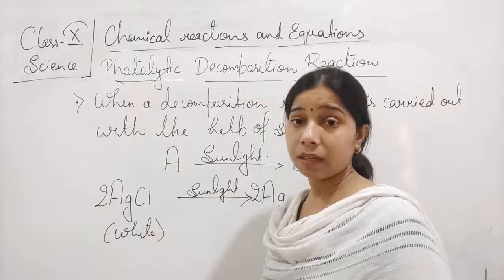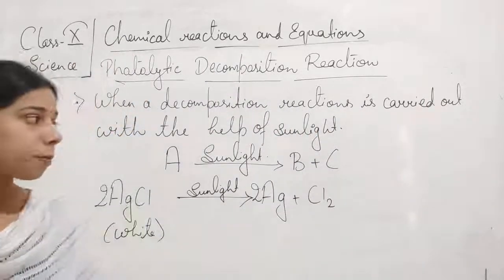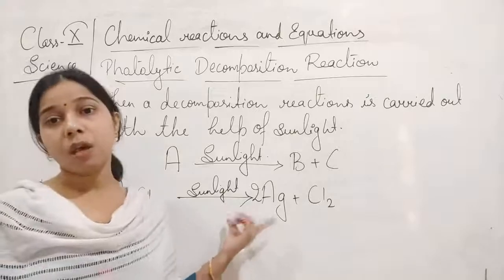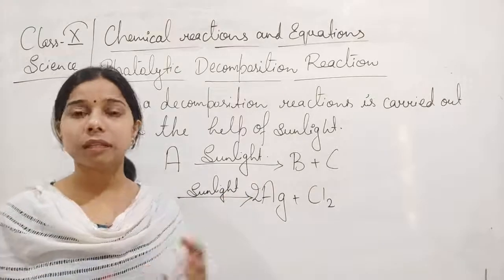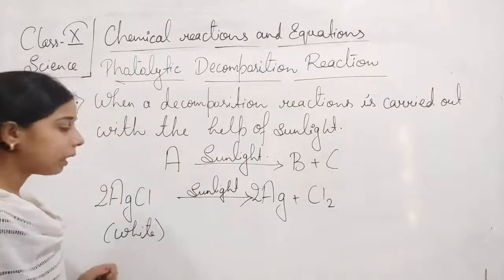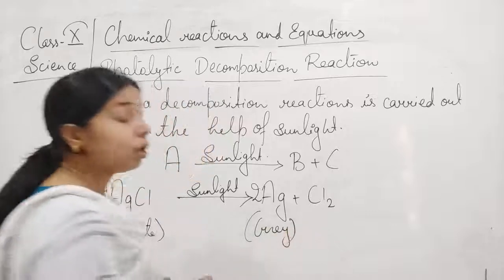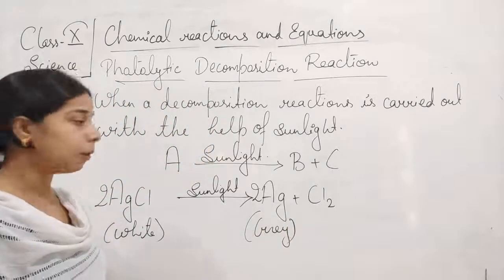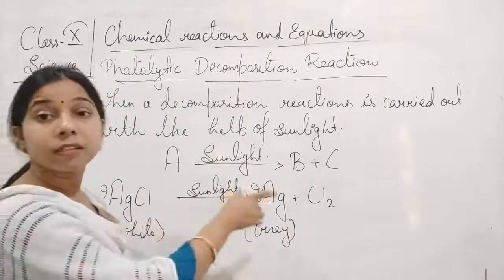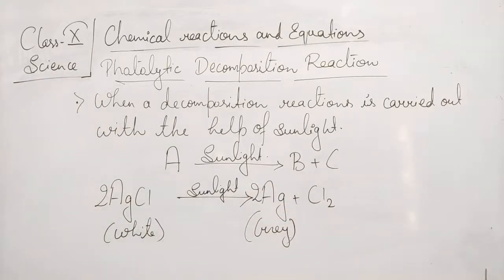and keep it outside, exposed to sunlight. Due to the absorption of energy from sunlight, slowly the reaction takes place, converting the white color of AgCl into grey, which proves that silver chloride is converting into silver.